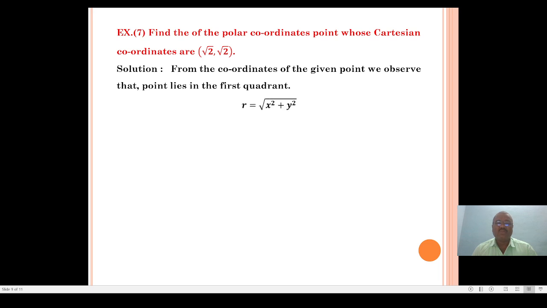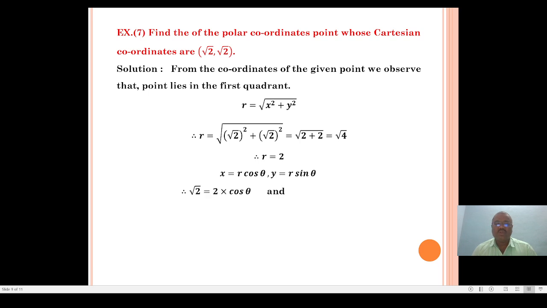So r equals root of x square plus y square. So we get r equals root of (root 2) square plus (root 2) square, which equals root of 2 plus 2, means root 4, so r equals 2. So x equals r cos theta, y equals r sin theta gives root 2 equals 2 into cos theta and root 2 equals 2 into sin theta.